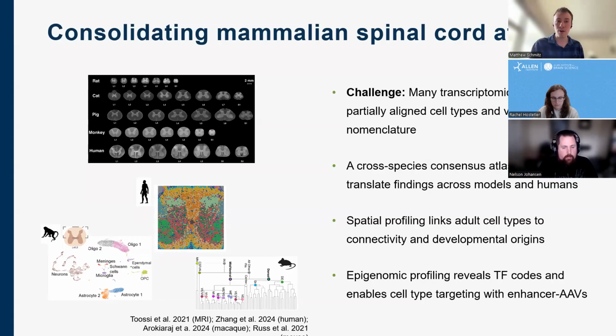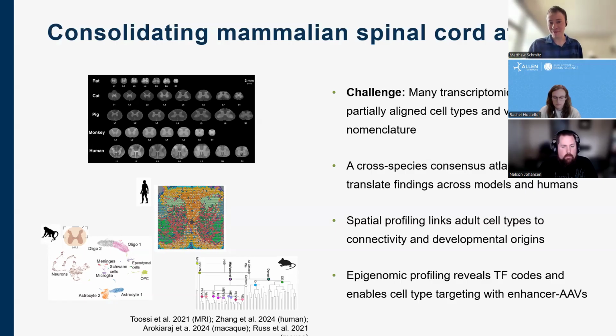Another important part of this is spatial transcriptomics, which allows us to link our transcriptomic types to where they're found in the spinal cord, which really opens up looking at the vast literature of anatomical work that's been done, and figuring out who is where, and that gives you an idea of what they're doing, in terms of neurons and glia.